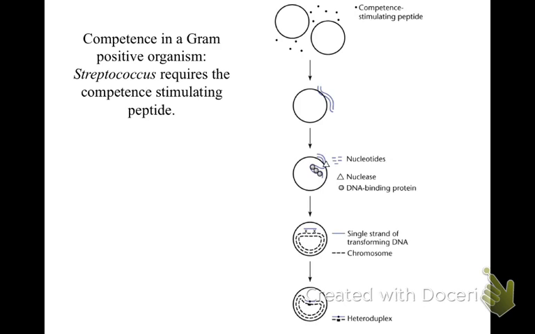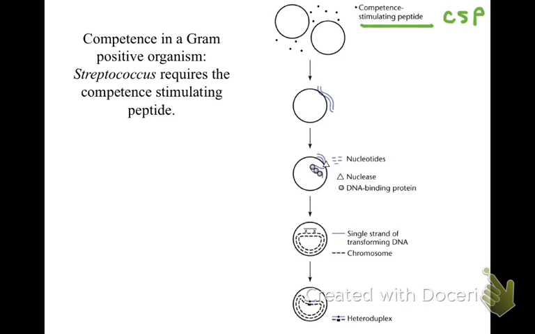In this case, for a gram-positive organism, there's something called a competence stimulating peptide, CSP, that many streptococci, for example, use to monitor and regulate not only competence, but the production of bacteriocins and biofilm formation in these organisms. So remember, many of these are organisms that are going to be causing infections, or they're living in your mouth and they're making biofilms on your teeth.